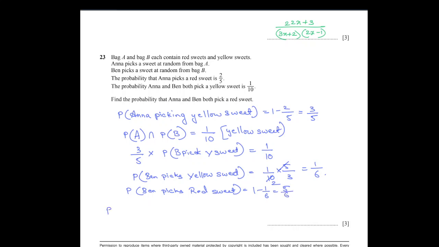Now the probability that Anna and Ben both pick a red sweet will be the multiplication of 5 by 6 and the given probability, that is 2 by 5. 5 by 6 into 2 by 5. 5 gets cancelled, 2 by 6 is simplified to 1 by 3. So the answer is 1 by 3.